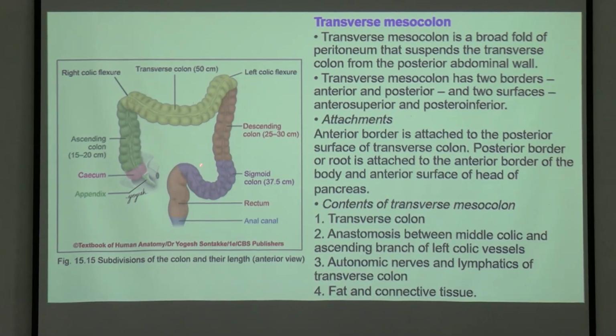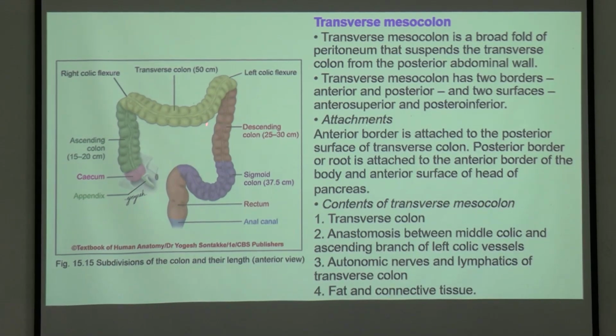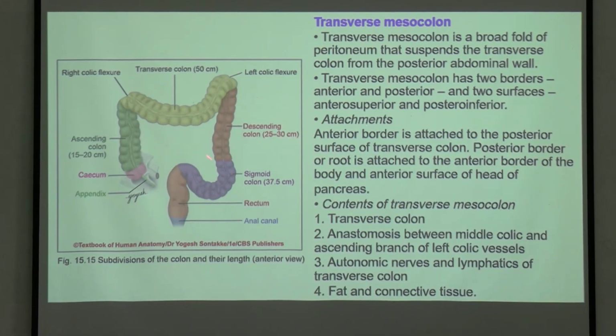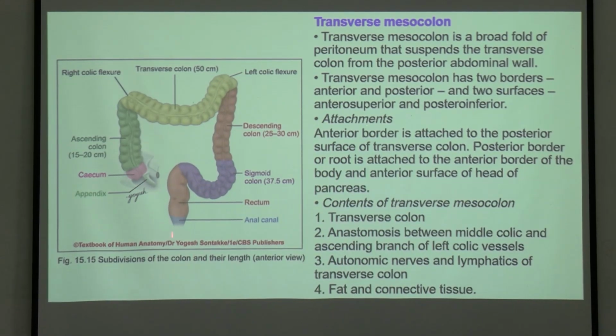And here we know the inferior mesenteric artery gives the left colic branch, and here it is giving the sigmoidal artery, and ultimately the inferior mesenteric artery is continued as the superior rectal artery.